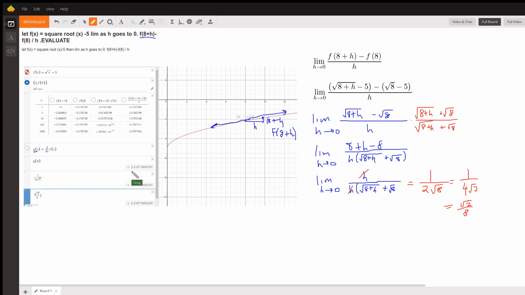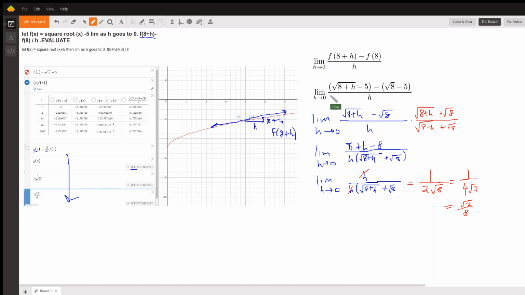And g of 8 gives me this as the slope of the tangent line at the point 8, which you can see is 1 over 2 radical 8, or radical 2 over 8. The question is, how do I calculate that limit algebraically? And that's what's over here.